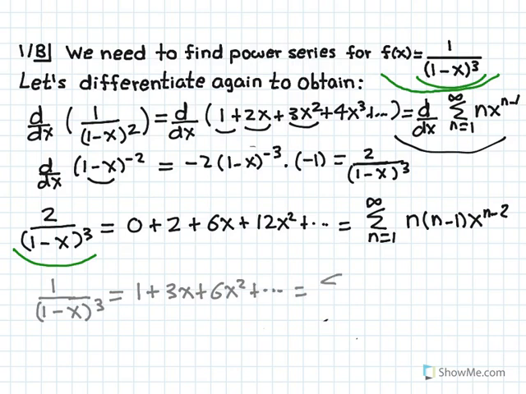Now multiply the summation also by 1/2, we get n equals 1 to infinity, n times n minus 1, times x to the power of n minus 2, divided by 2. All right, so we have the power series representation of 1 over 1 minus x to the power of 3.